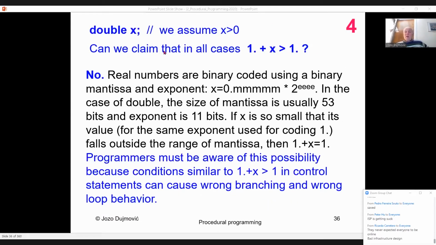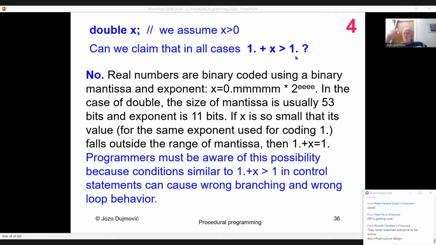For double x, so we have double x and it is positive. Can we claim in all cases that 1 plus x is greater than 1? Of course, we cannot, because this x can be small, and addition of 1 plus a very small value will give you simply 1 as the result.